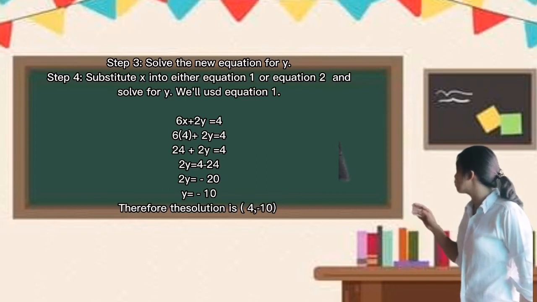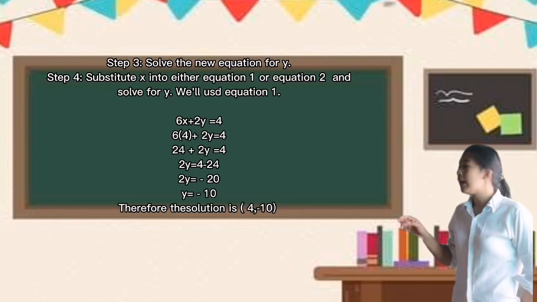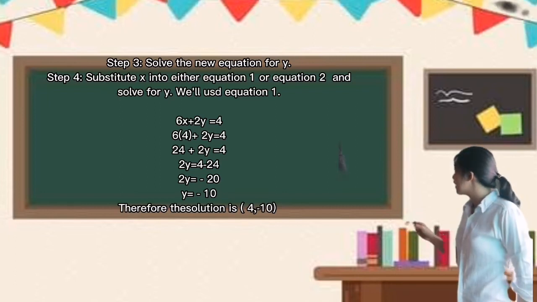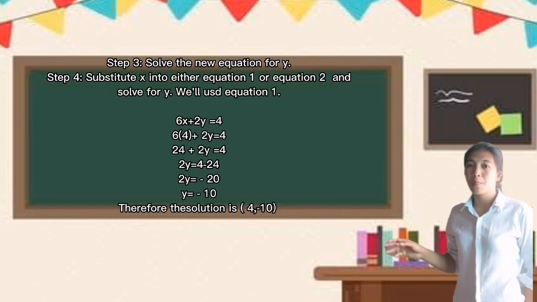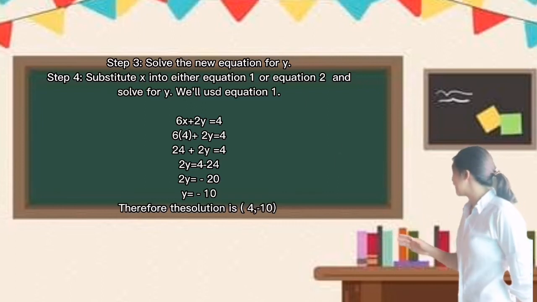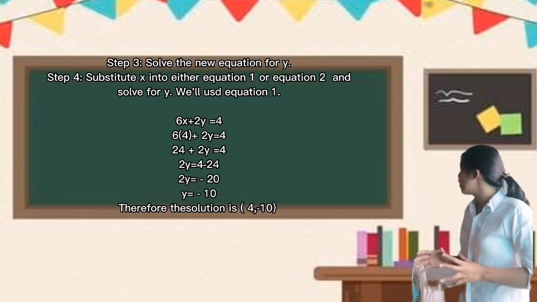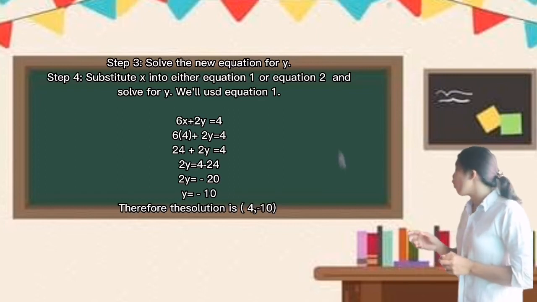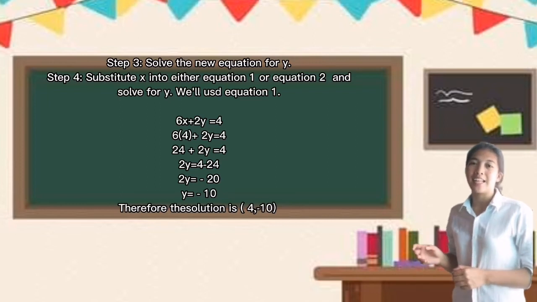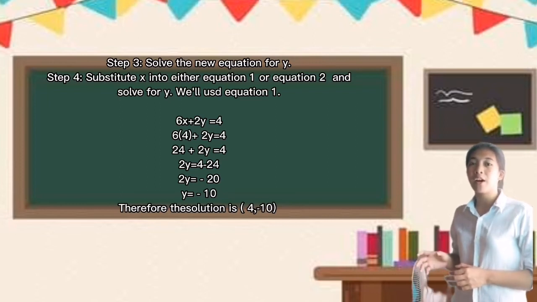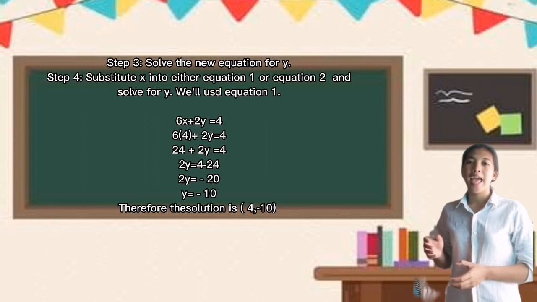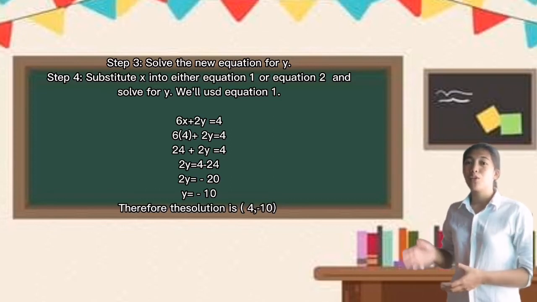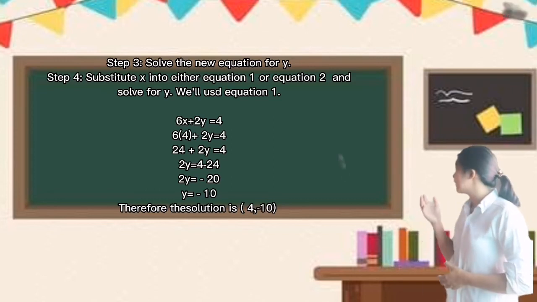So divide both sides by the coefficient. So we have here y is equal to negative 10. So therefore, the solution is 4 and negative 10. Our ordered pair, our x and y, is 4 and negative 10.